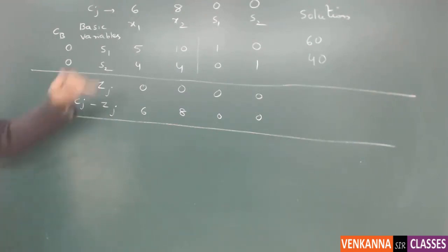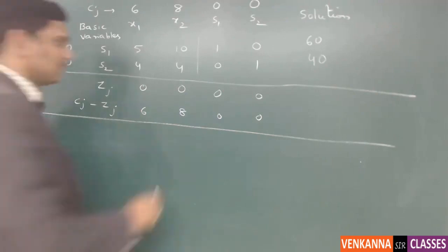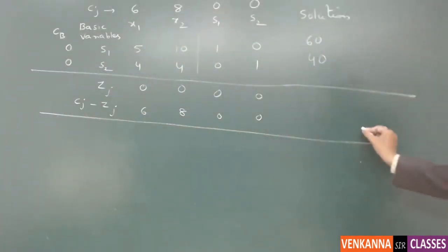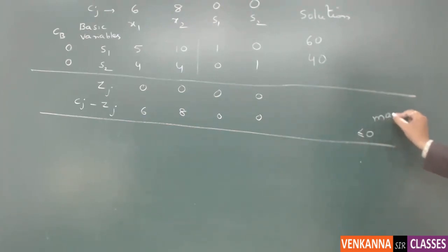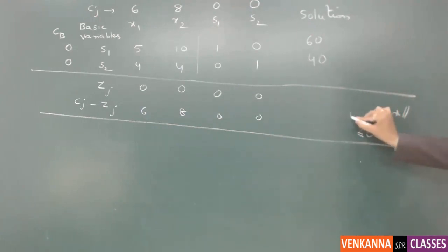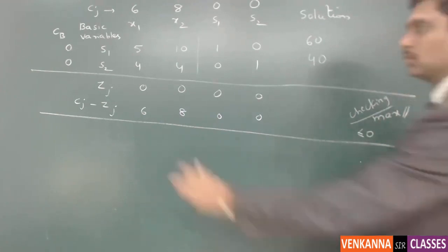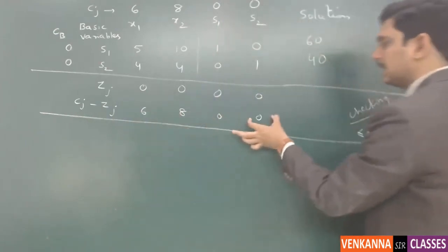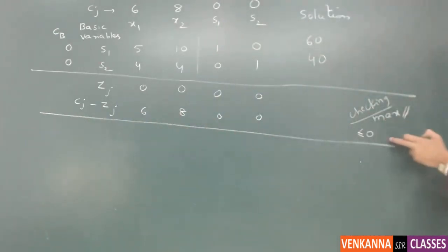So we are building the table such that if you calculate Cj minus Zj, all the values must be less than or equal to 0 for a maximization problem. This is the checking condition.